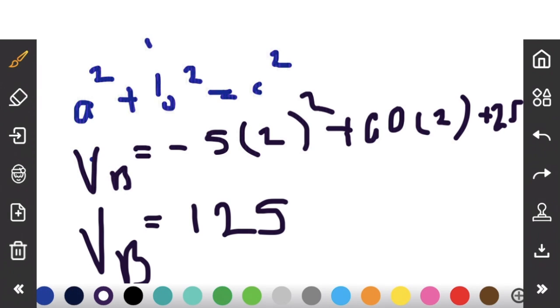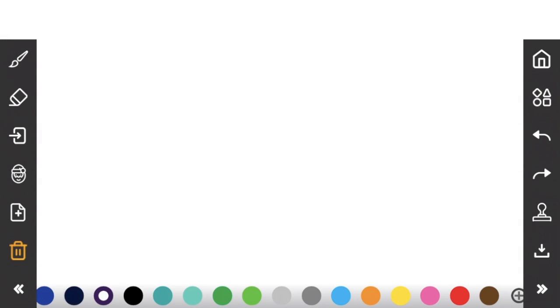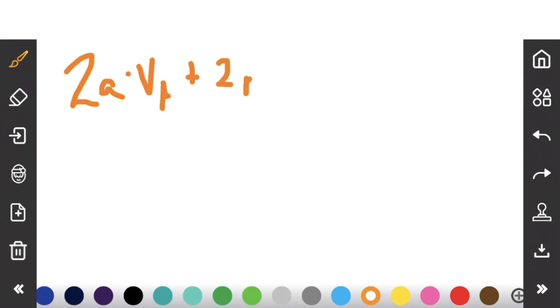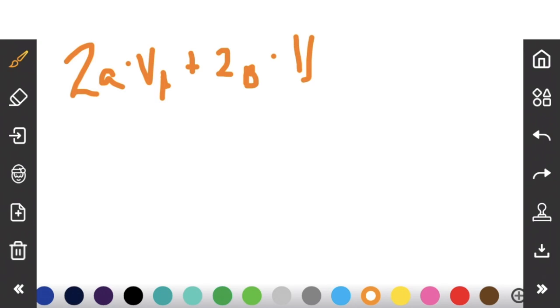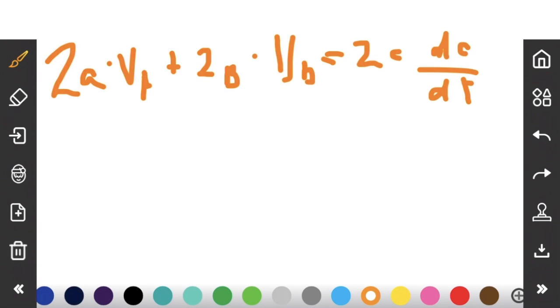And so now we plug this back into the original equation that we had, the 2a times VA plus 2b times VB equaling 2c times dc over dt. Right, and now we just substitute.